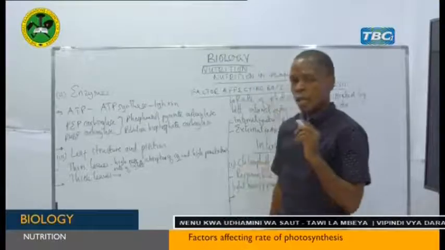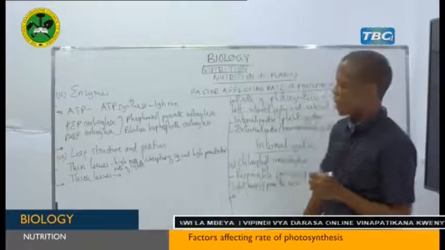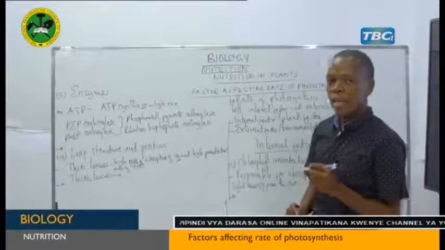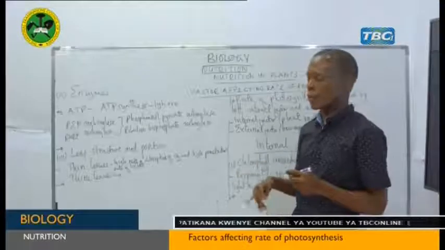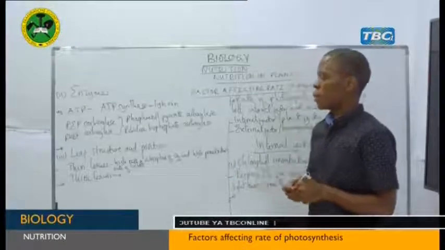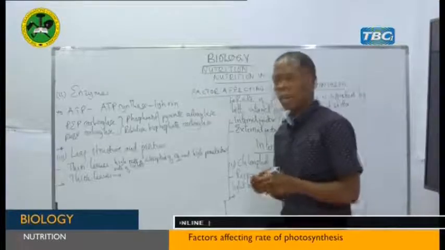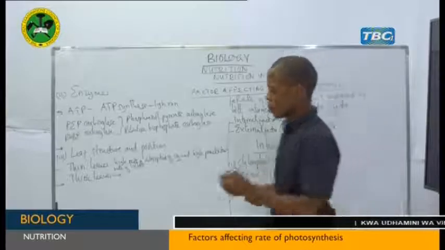Now, these are the three main internal factors which affect the rate of photosynthesis: chlorophyll concentration, enzymes, and leaf structure and position.